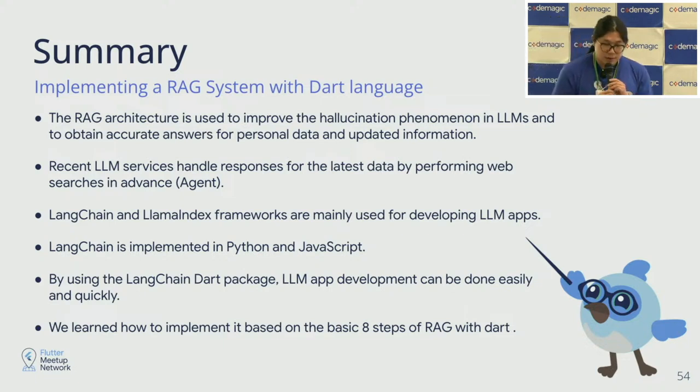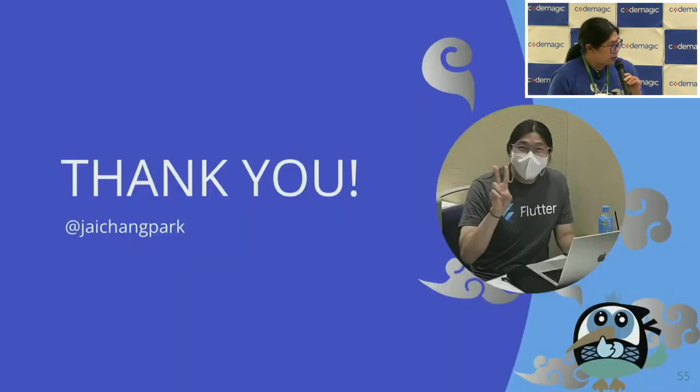However, there is an official LangChain Dart package that can be used to develop LLM apps with Dart and Flutter. So finally, we learned how to implement a RAG app using Dart based on the 8 steps of RAG. It's done. Thank you very much for your attention.